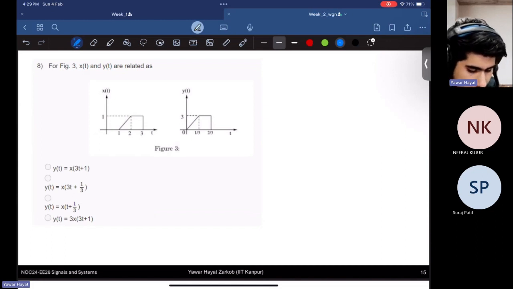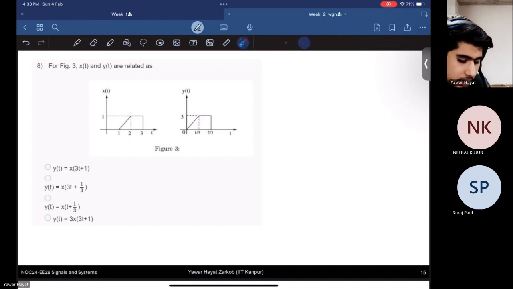Now question 8. Now this is a similar question to the previous question, and I hope all of you would be able to get to the answer. Attempt this question and let me know the answer in a minute or so. Again, notice 0.